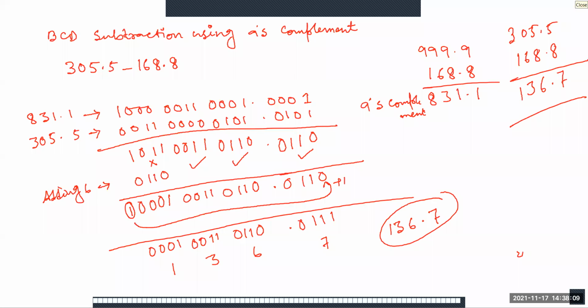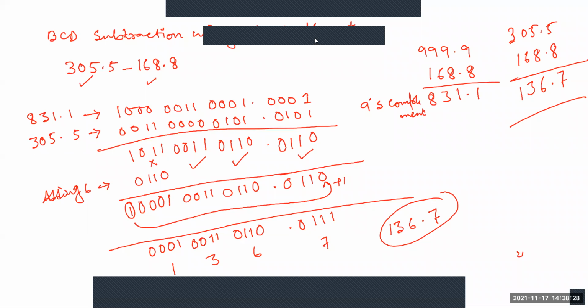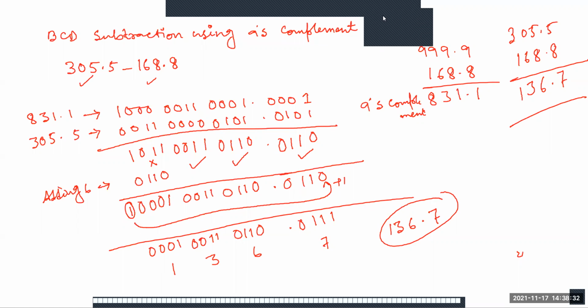Okay, so one thing, for this question you can see here, the subtraction is from the larger and the smaller. Now we will see from the smaller to larger subtraction. So I am now deleting these things.